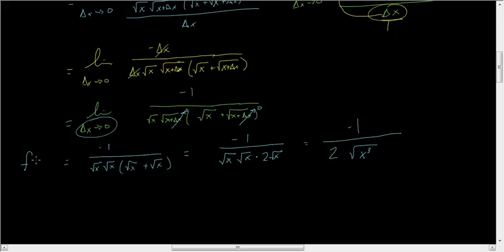This is our derivative. I am going to rewrite this. Okay, so I'm going to rewrite this as f prime of x, and it's the power over the root. And so this is -1 over 2x to the 3/2.